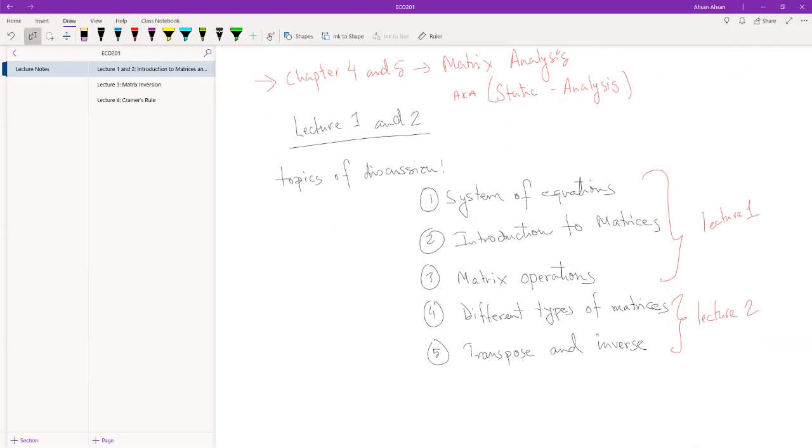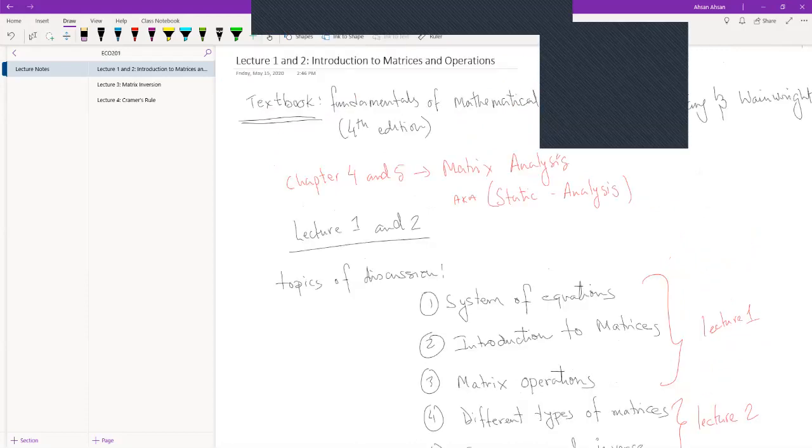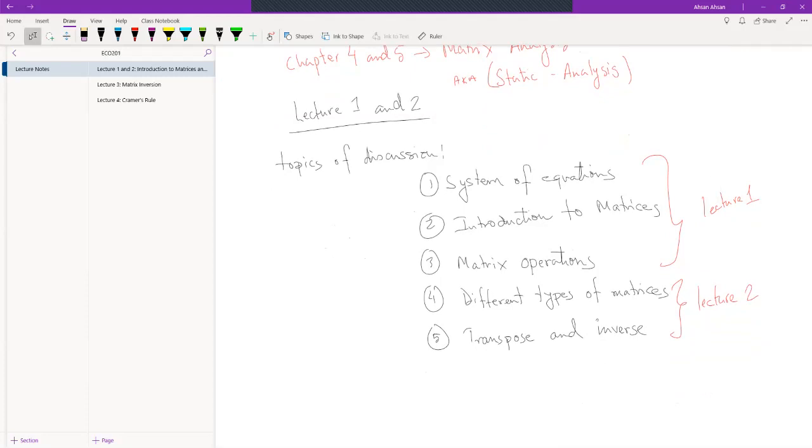Okay, so let's dive straight into it. Today in our lecture 1, what we are going to do is talk a bit about systems of equations. All of you know what that is and how to solve systems of equations. We'll do a very quick review of that. Then I'm going to introduce matrices to you, and we're going to look at some very basic matrix operations and how matrices work.